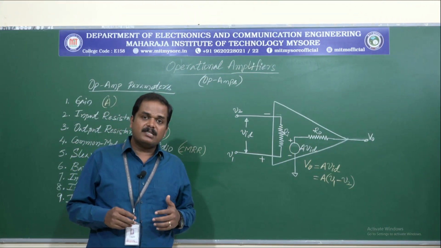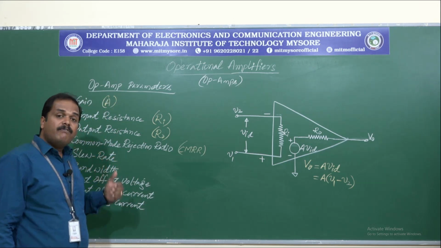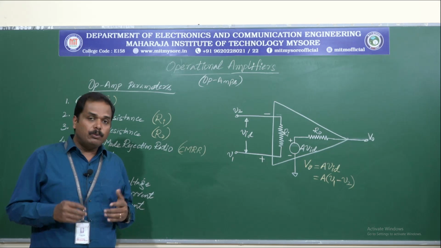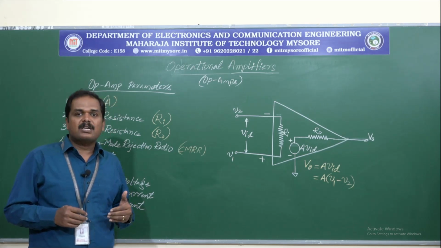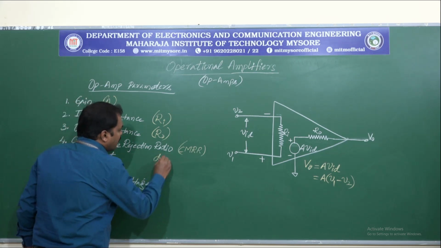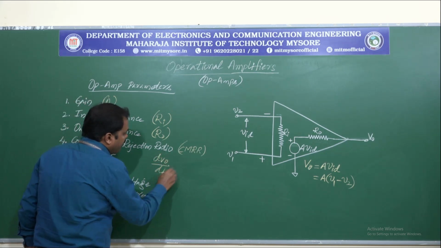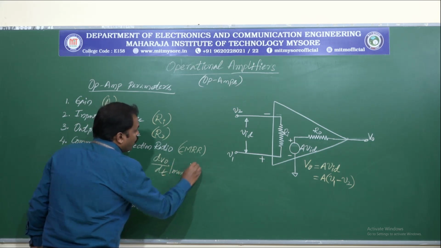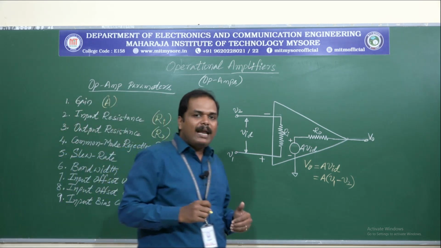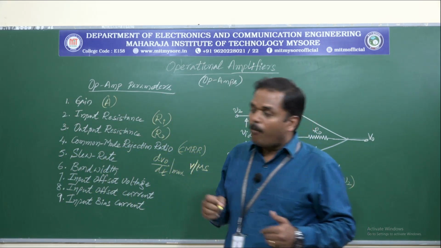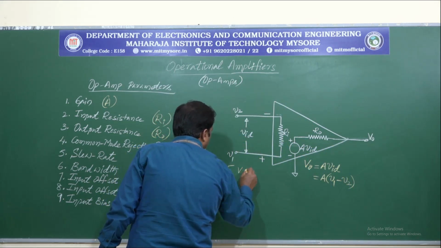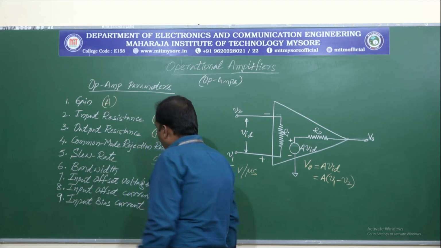The next parameter is slew rate, and slew rate is defined as the maximum rate of change of output voltage per unit time and is expressed in volts per microsecond. This is written as dV naught by dt max, volt per microsecond, and the typical value of the slew rate is 0.5 volt per microsecond.